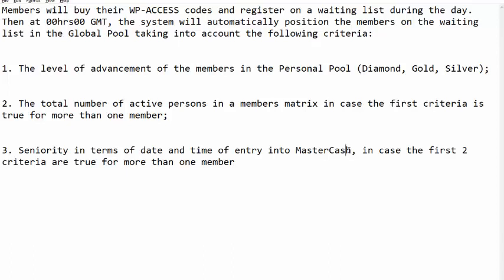We can all join MasterCash on a particular day, at a particular hour, minute, and even second. But within the second there is even the split of the nanosecond, and the system captures that data, and that one is unique to everybody. So with that, at least we're able to separate who should go in first and the other.